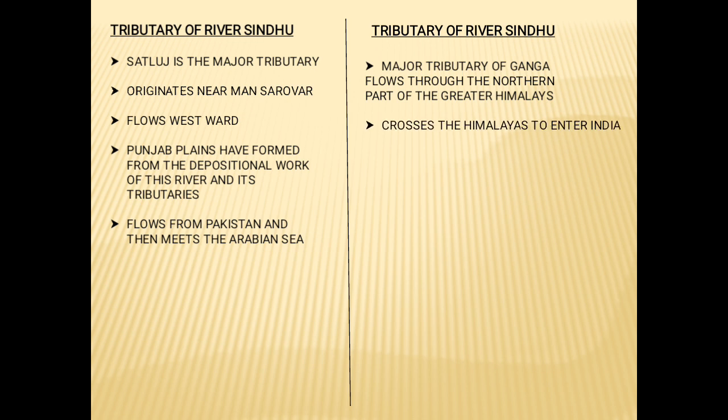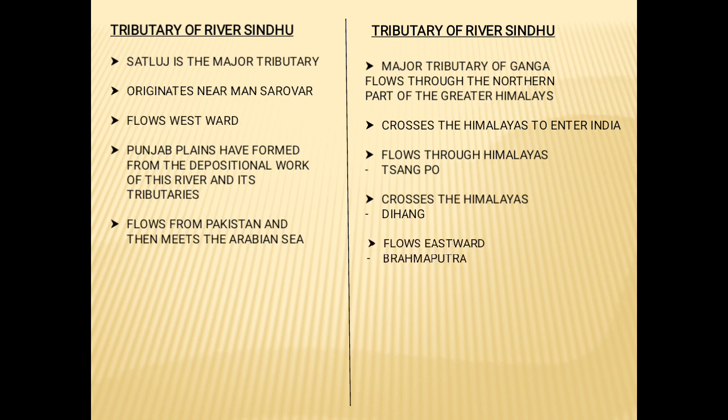It crosses the Himalayas to enter India. When it flows through the Himalayas, it is called Sangpo. When it crosses the Himalayas, it is called Dihang. Its eastward flow thereafter is called Brahmaputra.